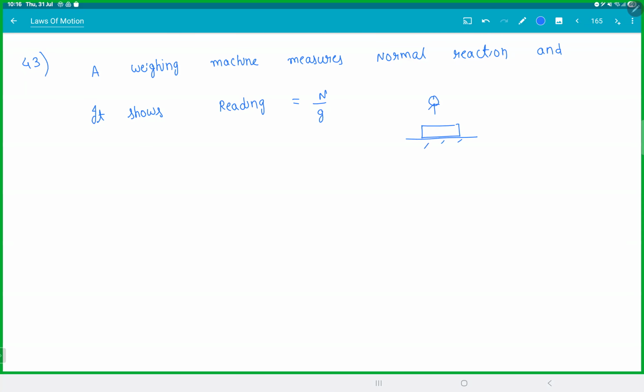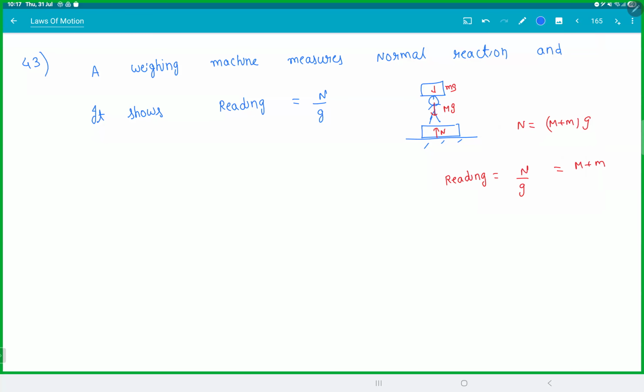And if you're standing there with a box on top of your head, it doesn't show your mass, right? The weighing machine doesn't know what your mass is. So what it does, it will take your reading, which is here in this case mg, and let's say if there's a box on top of your head, it will take that reading also. Let's say it is small mg. So the normal reaction will be M plus m times g. So the weighing machine will assume only you are standing, N by g, so it will show a mass of M plus m. Clear with that?